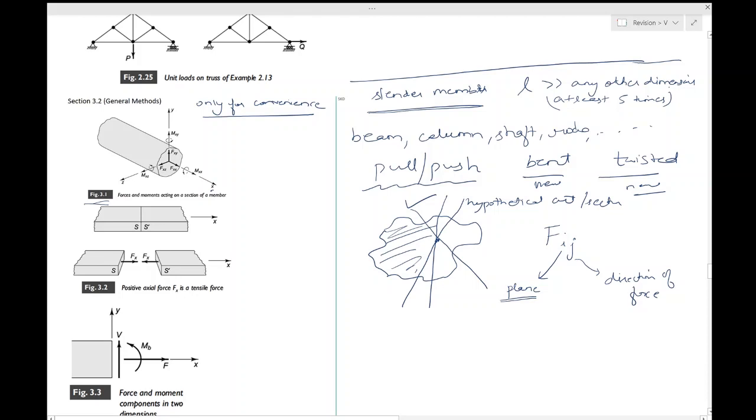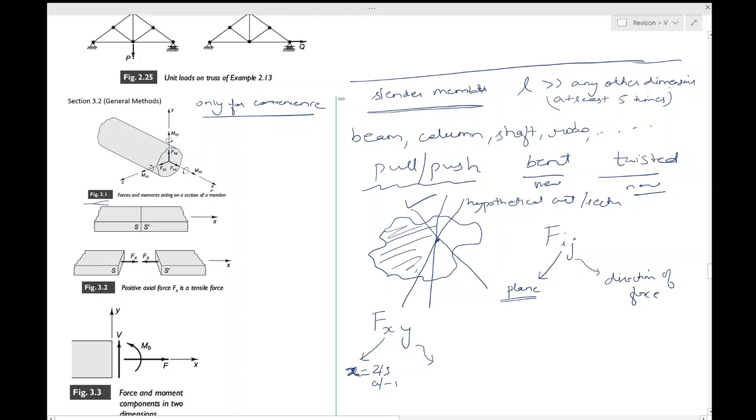Okay, so simply said, F of x, y: the plane which you see over here is actually x equal to something, right? x equal to 2, 3, a, minus 1, whatever, if you have to write this plane, and that's why it's called x. And this y is the direction of the force. So this F_xy is over here.